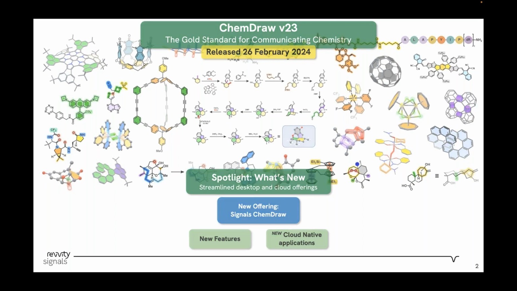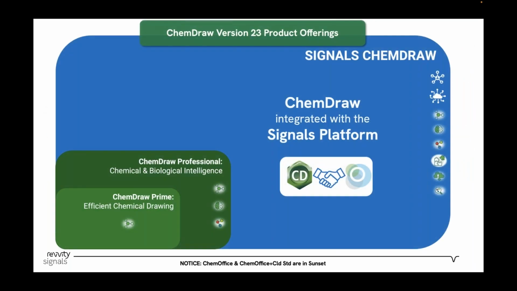So as ChemDraw version 23 has been released, we have a new product offering lineup for ChemDraw. Of course, everybody knows and loves the ChemDraw Prime offering. This enables an efficient drawing experience, allowing you to create those publication-worthy drawings in mere minutes. In addition to that, we have ChemDraw Professional.